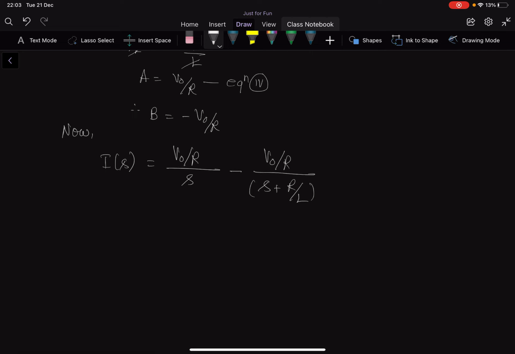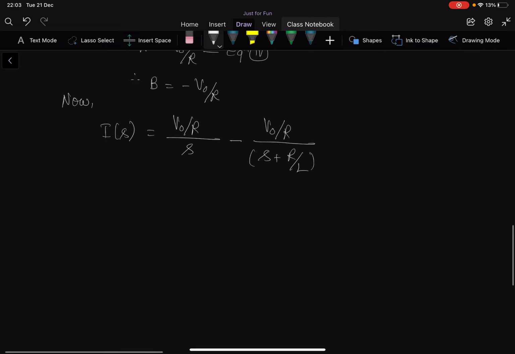Now we can clearly see this is the format where we can apply the inverse Laplace transform. Or we can furthermore take V naught over R as a common factor, and we get 1 over s minus 1 over s plus R over L.